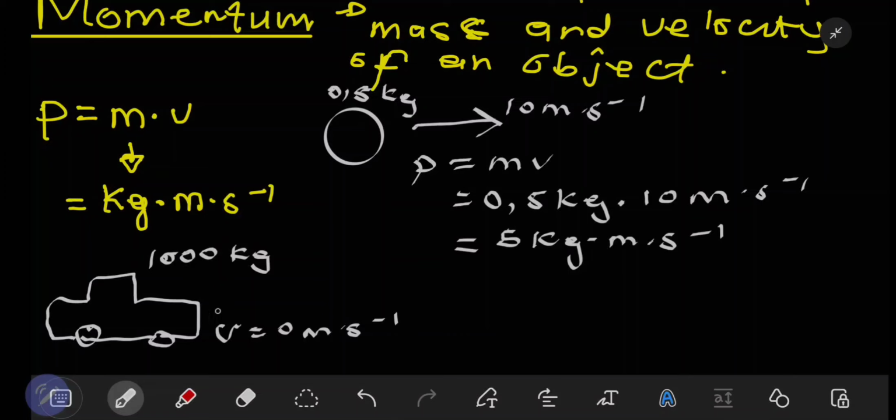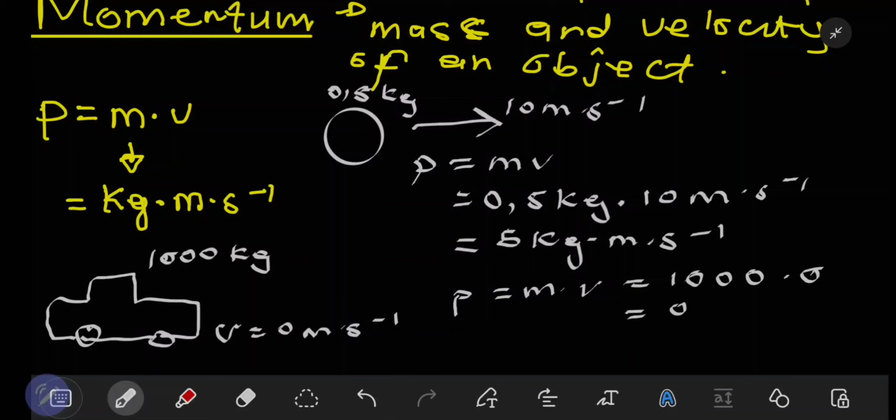So this car will have 0 momentum. Why? Because the product of the mass and the velocity will give you 0. So objects that are stationary or at rest have 0 momentum.